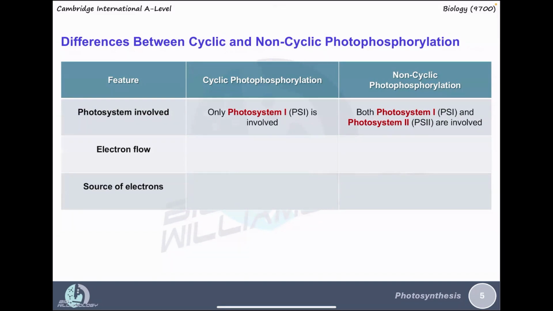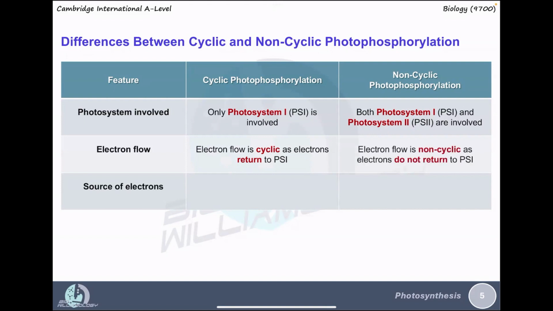In terms of electron flow, in cyclic photophosphorylation the electron flow is cyclic because the electron finally returns to photosystem 1. For non-cyclic, it is in a non-cyclic mode because the electrons do not return to photosystem 1 or photosystem 2.